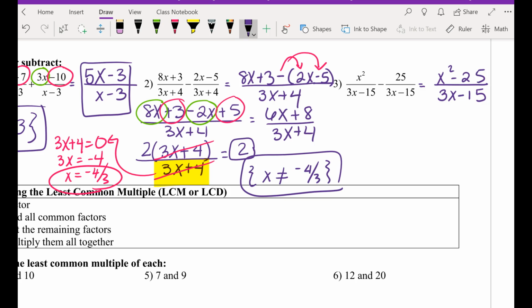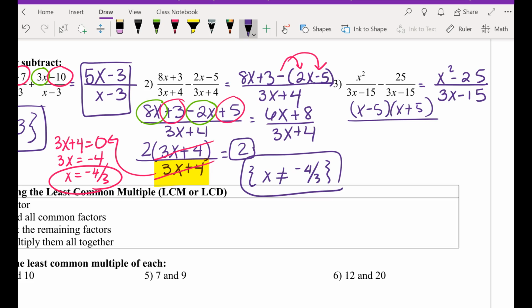Beautiful. Do we box that up? No. Can we factor, Kylie, can we factor the numerator? Yeah, it will be x minus 5 and x plus 5. Good. All over. Can, Valerie, we factor the denominator?